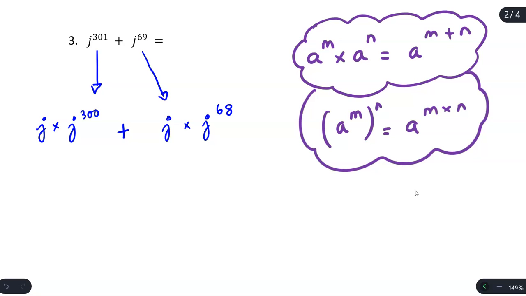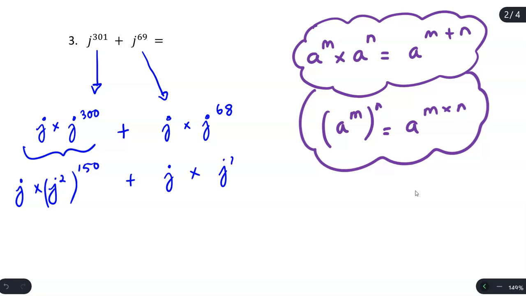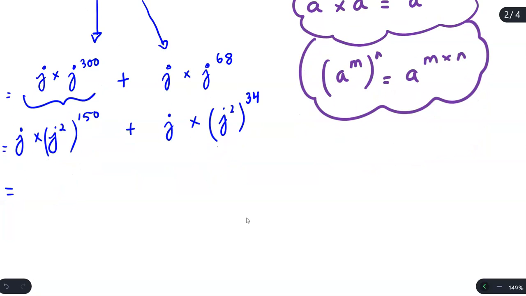So now I will work with this. Here's j. I times that with j squared, but here I raise it to the exponent of 150. And here I have j, but I times j squared, and I raise this to the exponent of 34. 34 times 2 will give me 68. 2 times 150 will give me 300. So this I will have j times minus 1 raised to the 150.